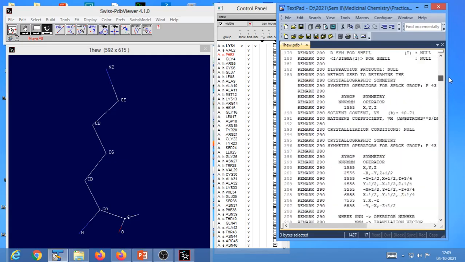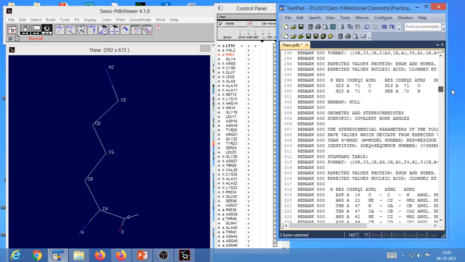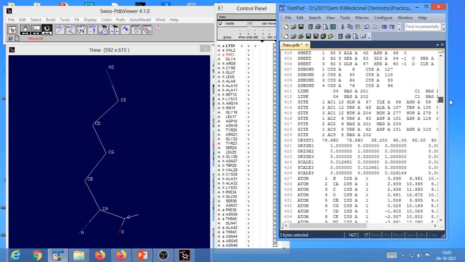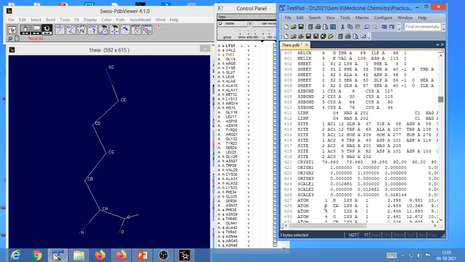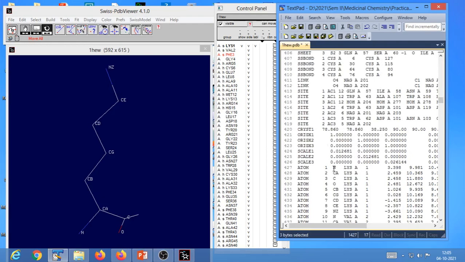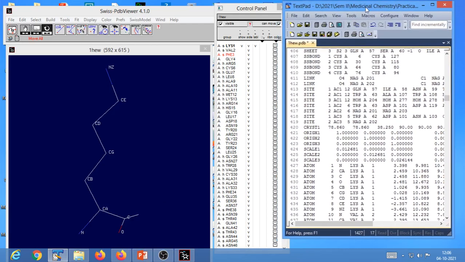Usually the structural information of any protein begins with the N terminal residue, that is the first nitrogen from the first lysine group. So that is what this N represents.